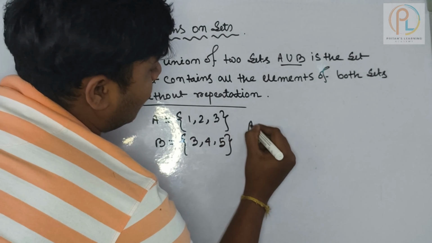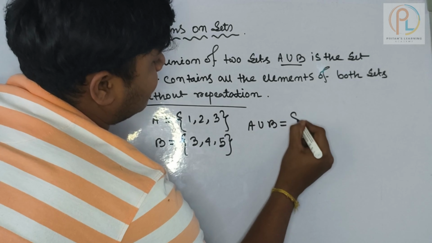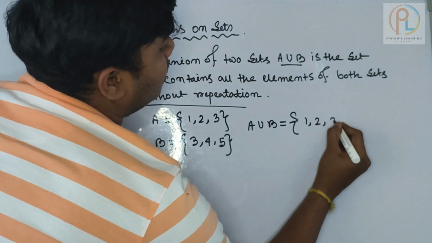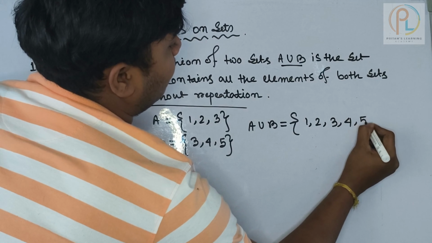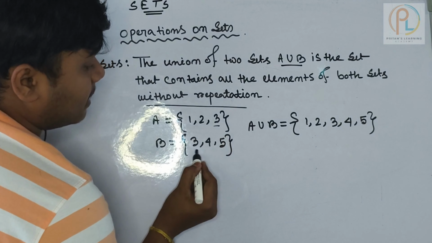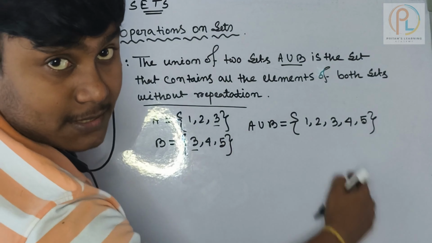Then A ∪ B is the set that contains 1, 2, 3, 4 and 5. Here 3 does not repeat, it is written only one time.